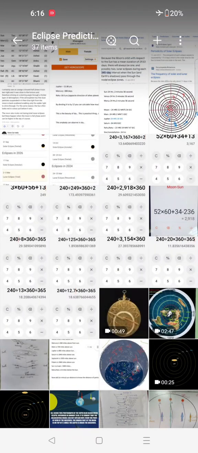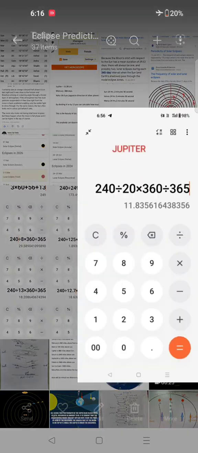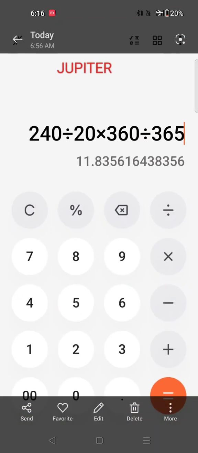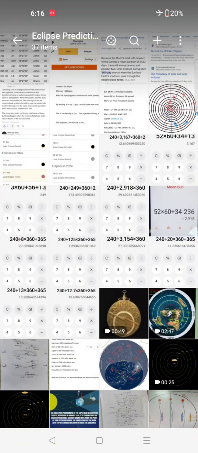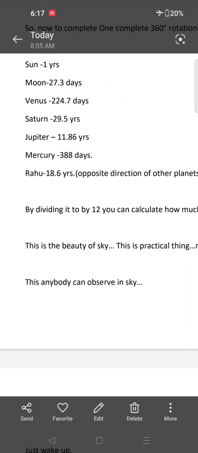So if we put this 20 seconds into our formula, then we are getting 11.8 years. So Jupiter will complete 12 zodiac signs in 11.8 years. Those who know astrology, they know that Jupiter takes 11.86 years.